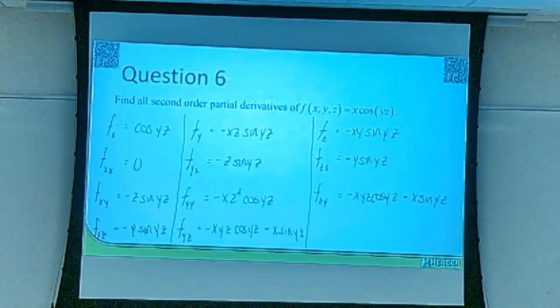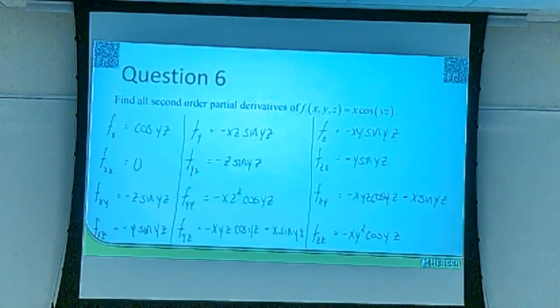And then with respect to z, negative x y squared cosine of y z. Yeah, it's just with respect to z. Those are the 9 second order partials.